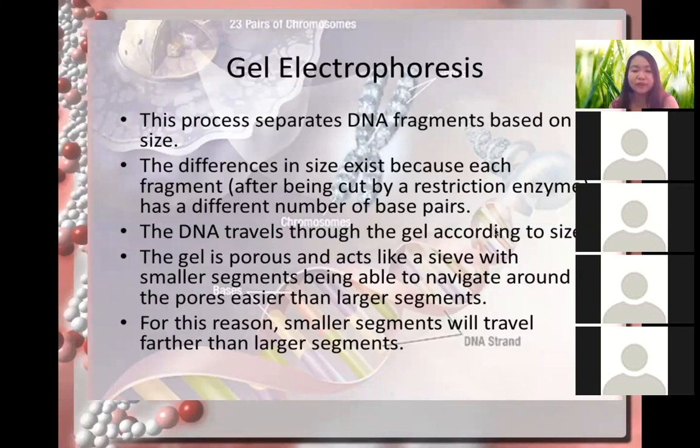Then the DNA travels through the gel according to their sizes as shown earlier, and the gel is porous and acts like a sieve with smaller segments being able to navigate around the pores easier than the larger segments. So this is actually the reason behind why smaller segments will travel farther and larger segments will not, no?